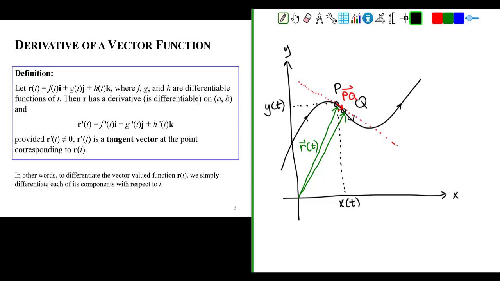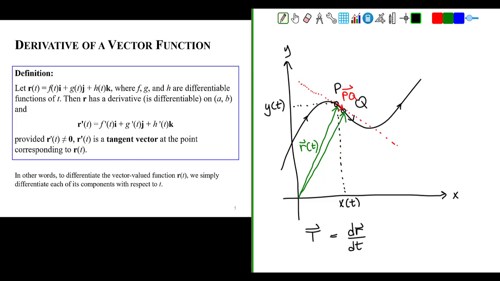With this, it's natural for us to now define a tangent vector tangent to the curve at point P. Now, what is this tangent vector? It's simply the derivative of our vector function.